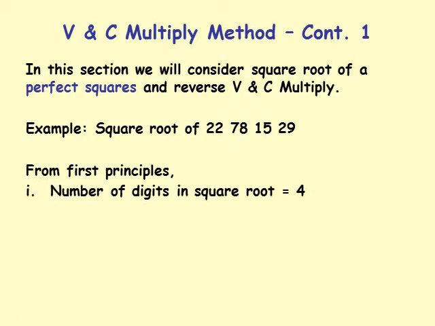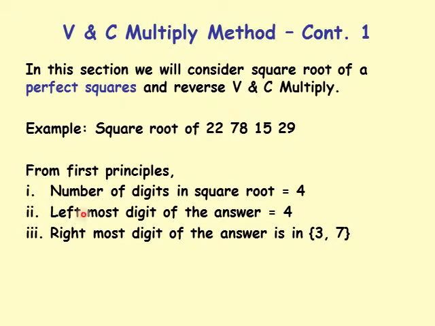We know the leftmost digit of the answer comes from the square tables, and we use 22 to compute the leftmost digit, and that's 4, because 22 is between 4 squared, which is 16, and 5 squared, which is 25. So we'll use the lower number of 4 and 5.